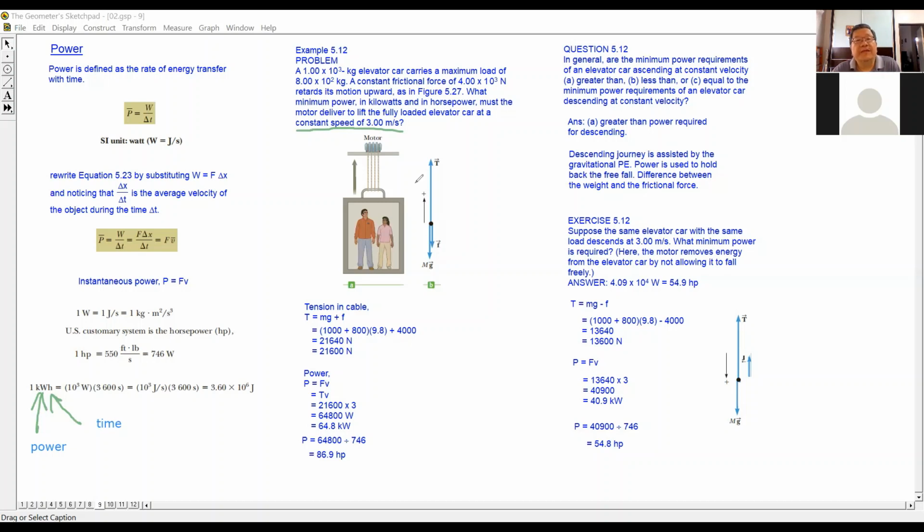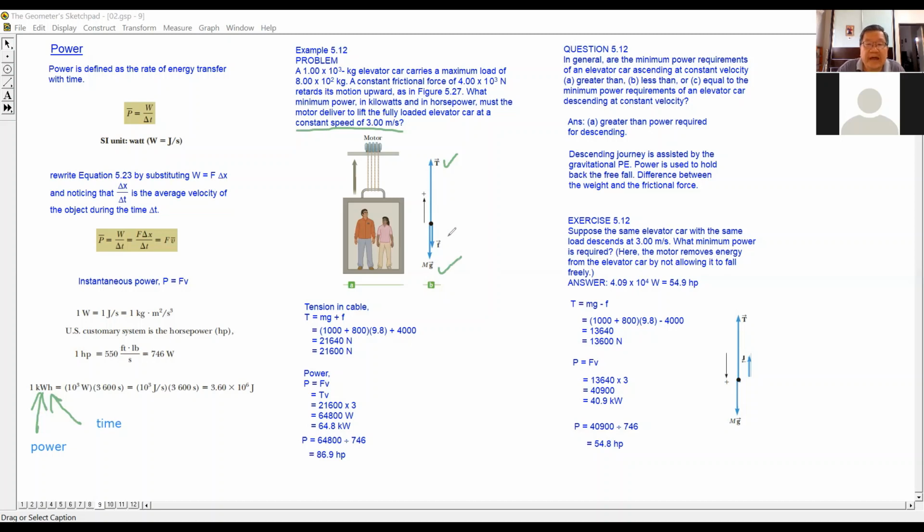The forces acting on this system are: number one, the tension in this cable here. Number two, the total weight of the elevator car and the passenger. And these two forces are not the only forces, so you cannot say the tension equals the weight.